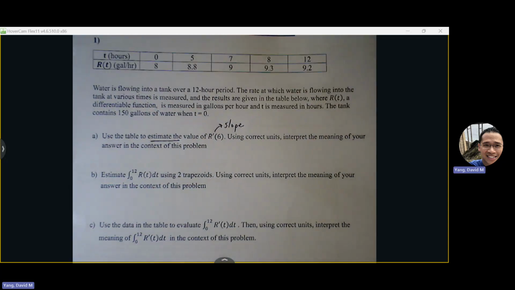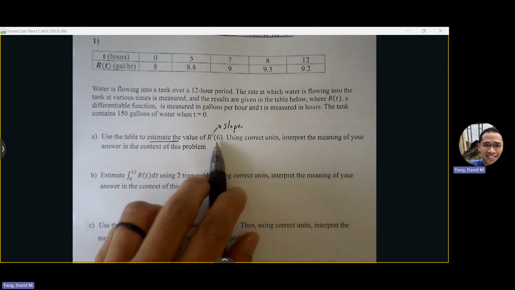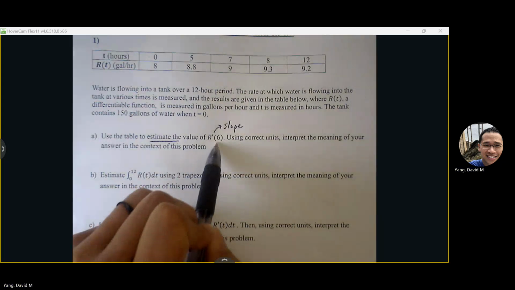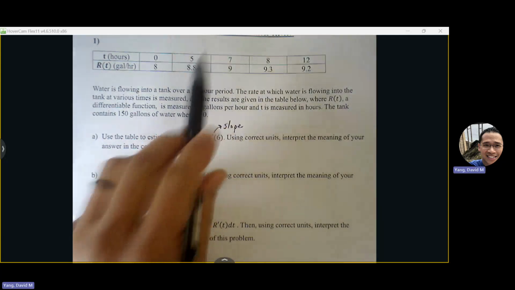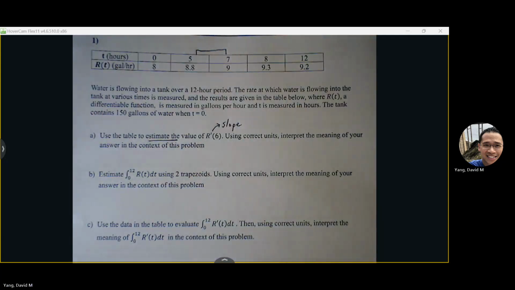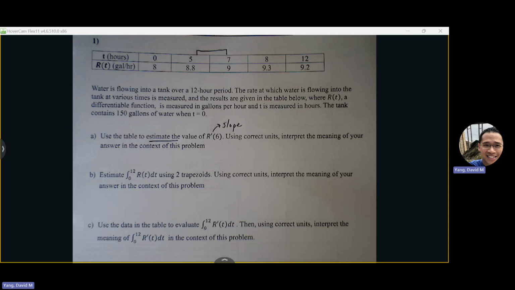Slope is just the approximation version of derivative. So we can just pick the two closest points to 6, which are 5 and 7. So we're just basically going to find the slope there. So change in R of t over the change in time.